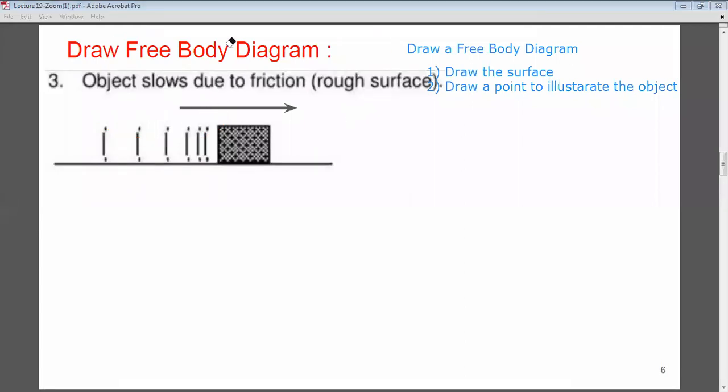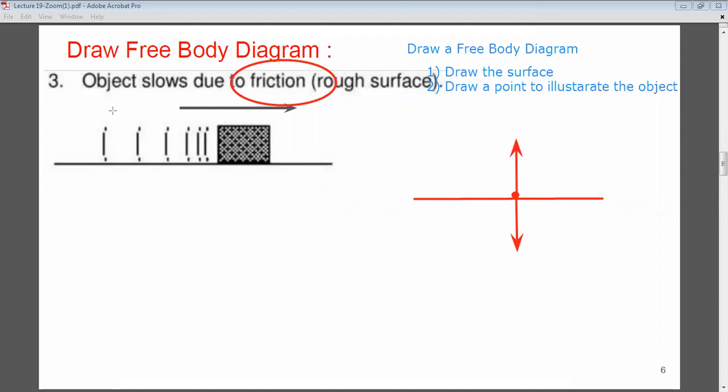Object slows down due to friction. So this time there is friction as well. So surface again, and a point or a sphere where the forces act on. So this is the box. Now I illustrate it with this point, and the forces are weight, perpendicular to the ground always. Since there is a surface, there is normal.